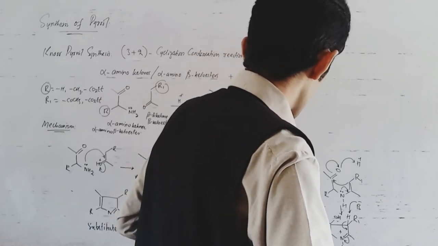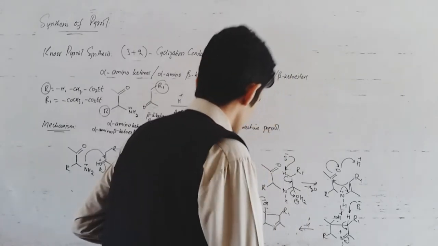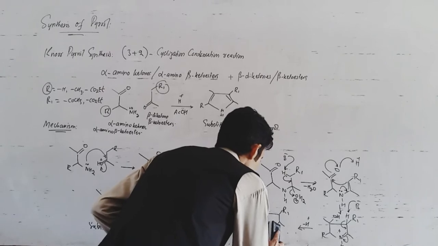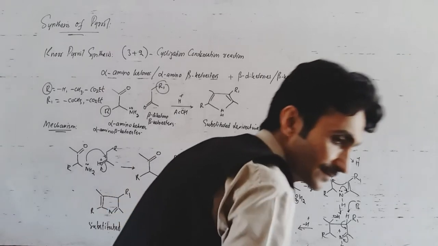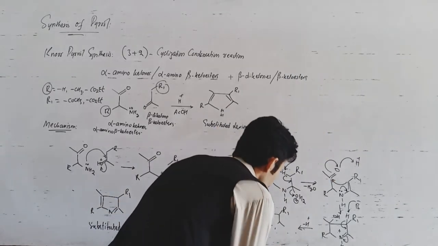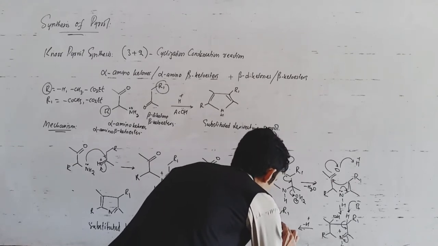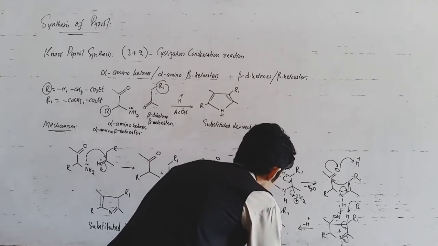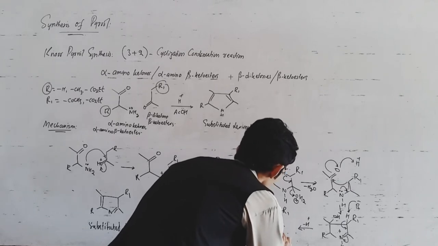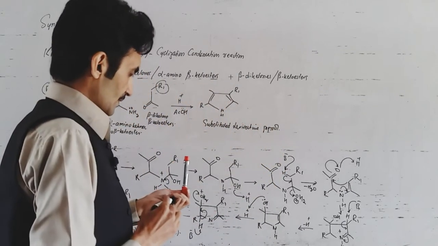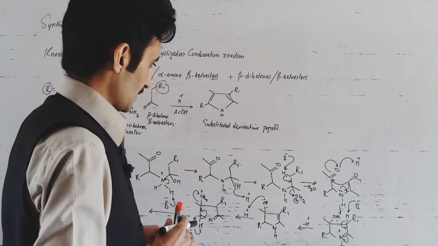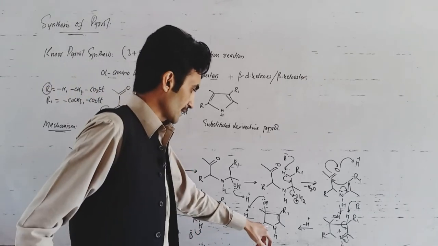So, what will be the structure of this molecule? It will be like so. Here we have corrected our mechanism in our revision process. So, this is the correct structure.